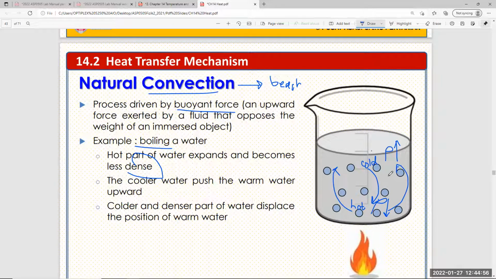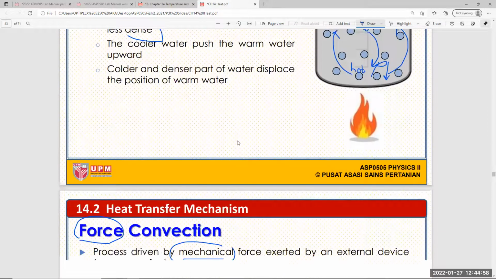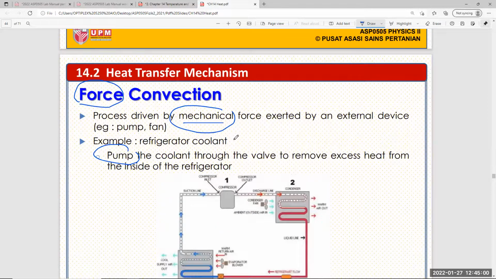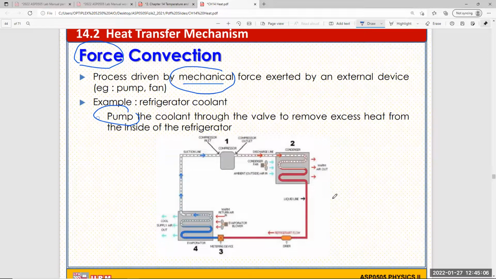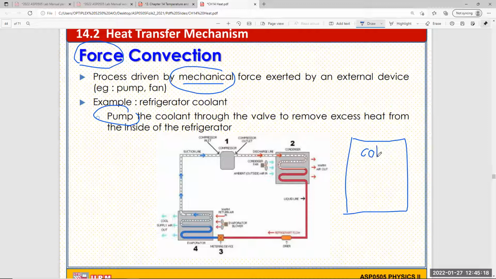So boiling water is natural, but if using some force, it is convection due to a mechanical system, such as in the freezer. Because in a freezer, the top is usually cool, right? That's why the freezer is standard, cool on the top and hot at the bottom.